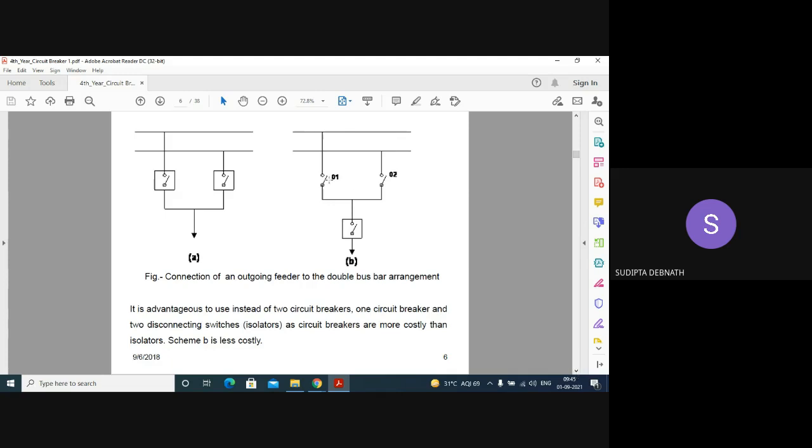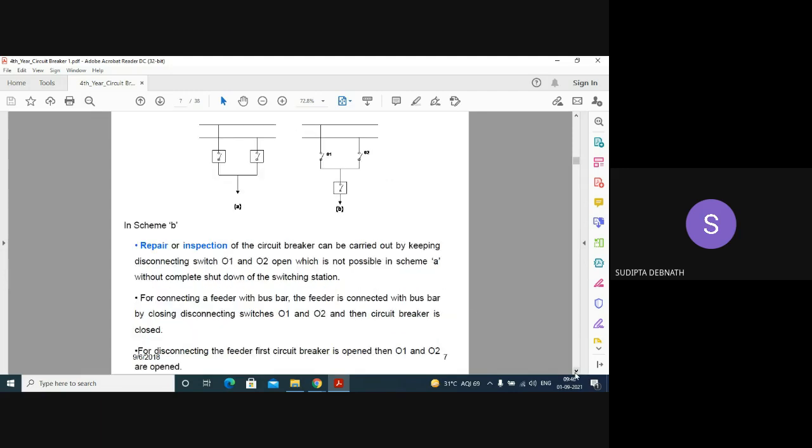There is an interlocking mechanism so that by accident someone does not open the isolator. First this will be opened, then you can open this one. Sometimes isolators are used on both sides of the circuit breakers, and what I have told here is written.